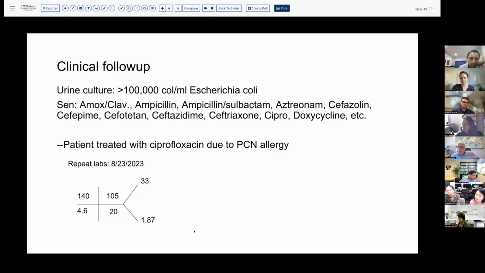She never really had fevers. On the day of the biopsy she had a slightly elevated white count at 14,000, but when she was having the diarrhea, her white count was between 5 and 6, and when we repeated it, it was also about 6K. So not really any symptoms, and obviously the lab finding is that her urine culture was positive.